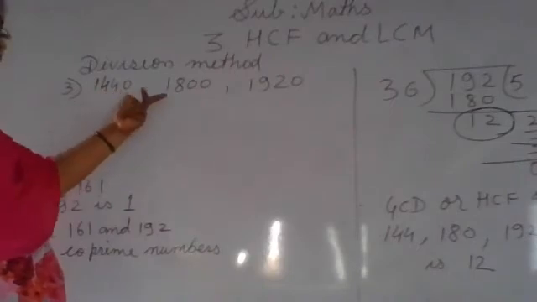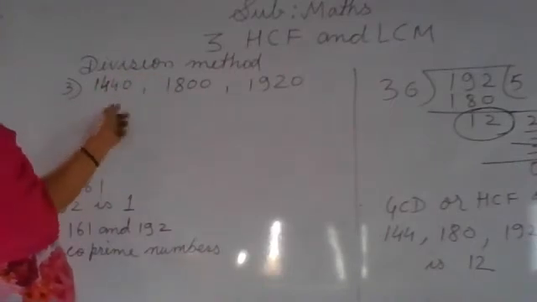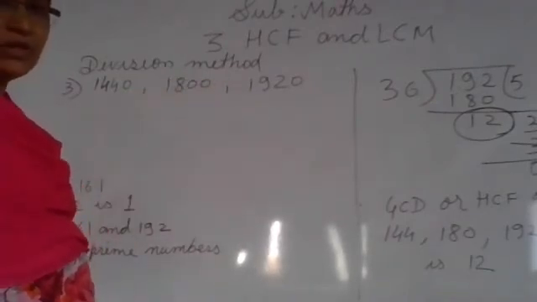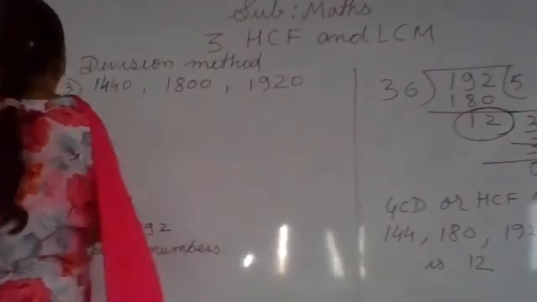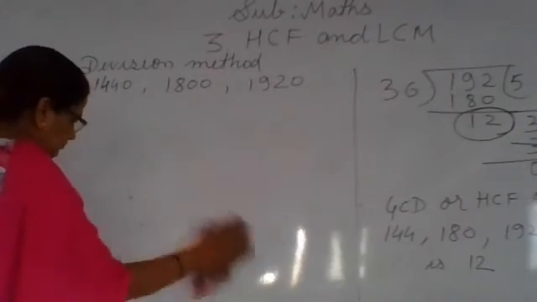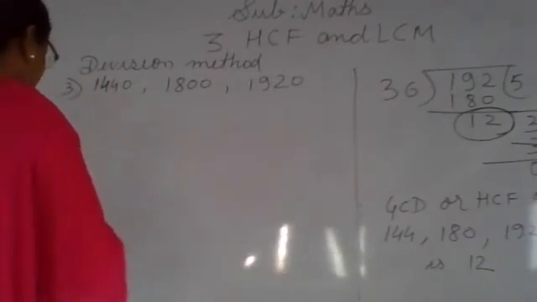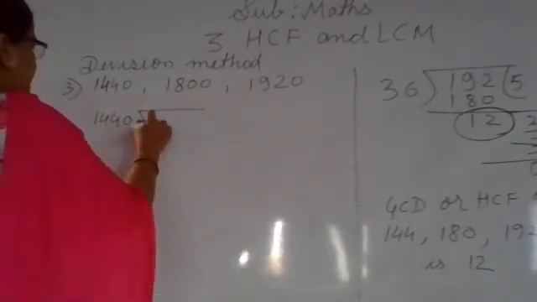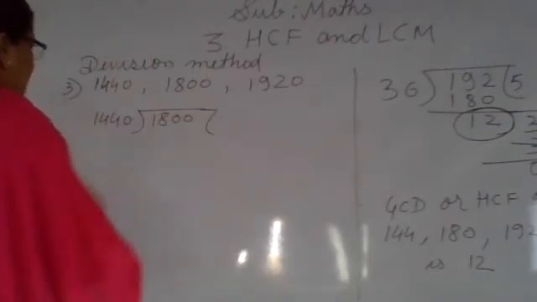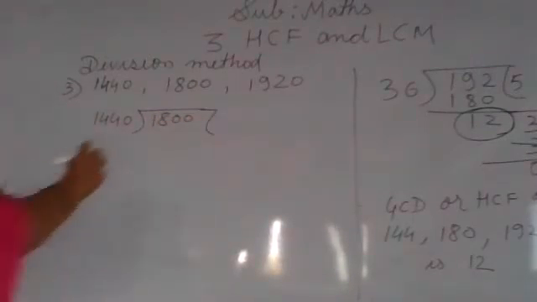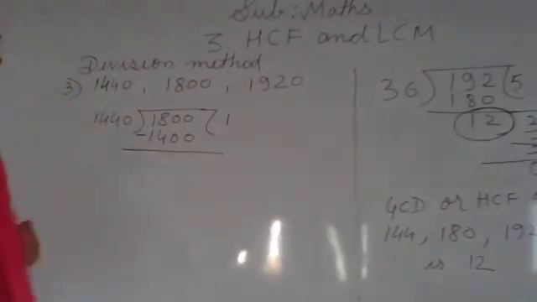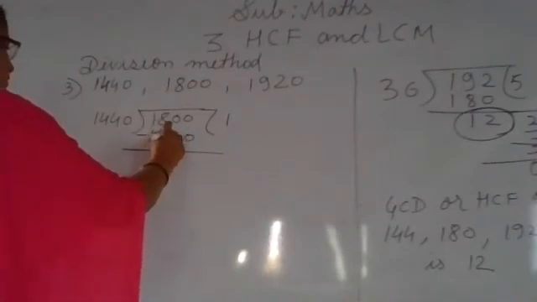So first we will take these two numbers and find the HCF of these two numbers, and with their HCF we'll take the third one. So 1440 goes into 1800 once. Sorry, subtract 1440.